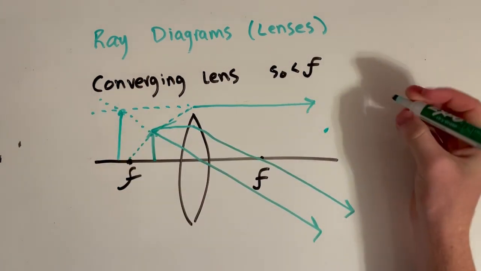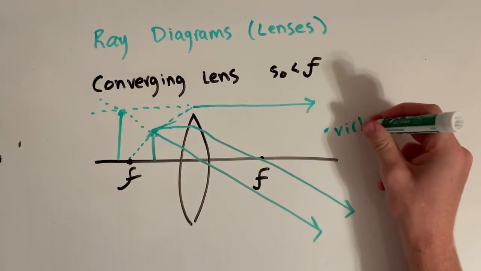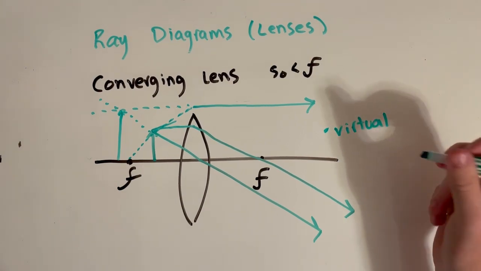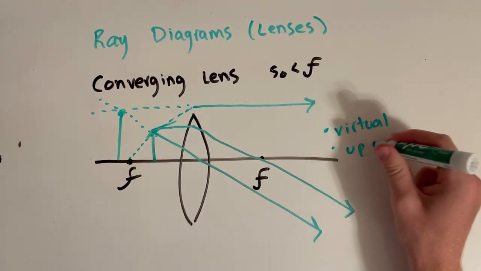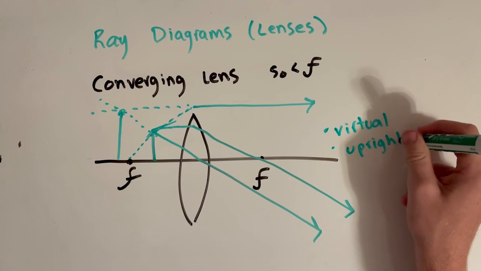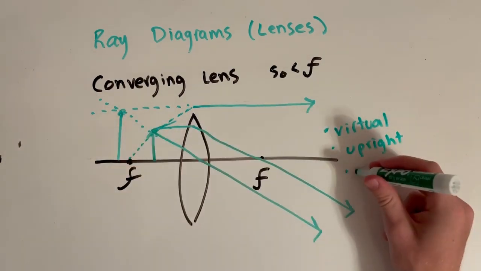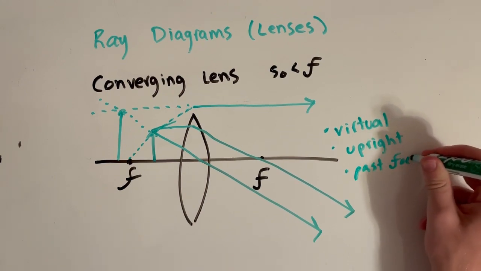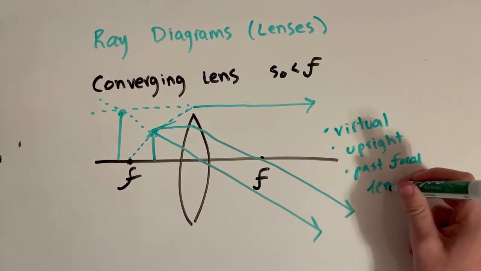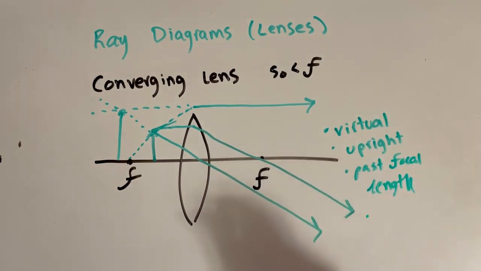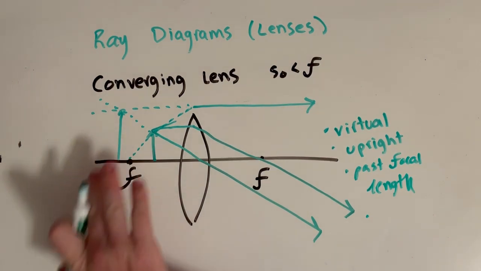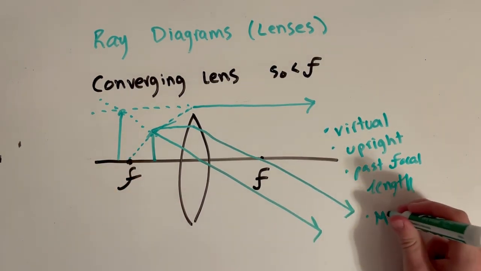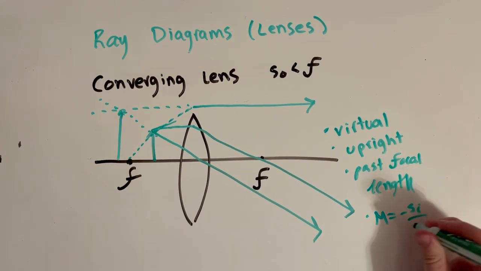This image is going to be a virtual image, and we can tell it's upright. And we know it's going to be past that focal length. And again, if we want to figure out if it's bigger or smaller, well, this one looks bigger. We could just double check it using the magnification equation.